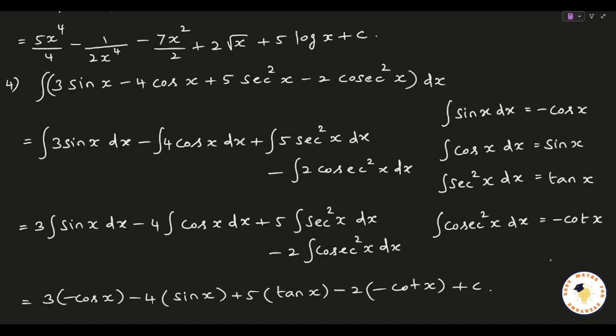Simplifying this further, we get minus 3 cos x minus 4 sin x plus 5 tan x, minus into minus will become plus 2 cot x plus c.